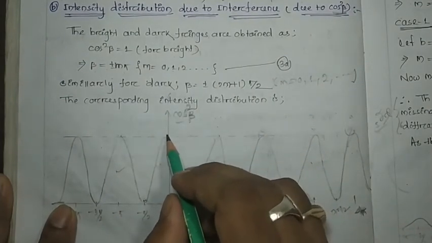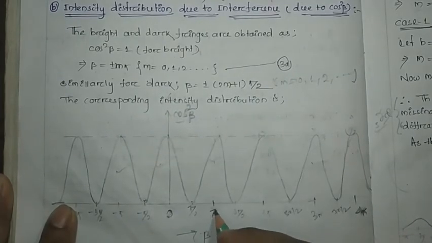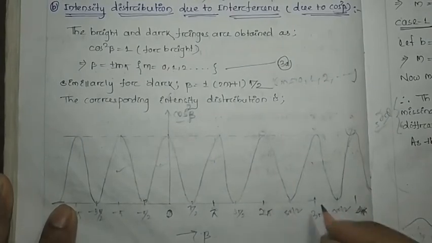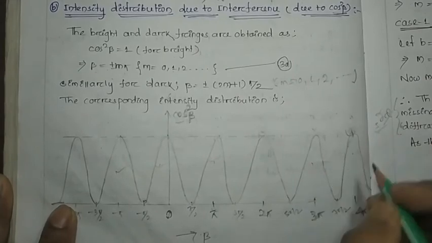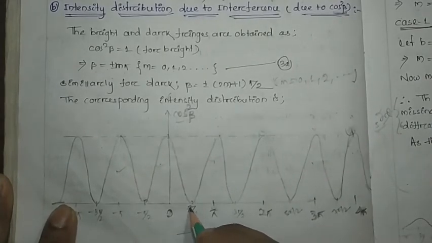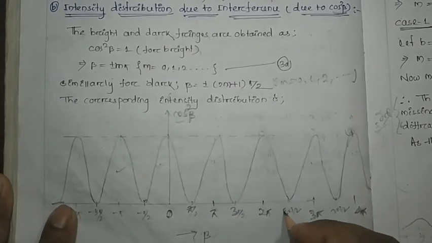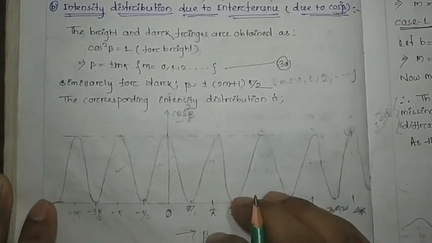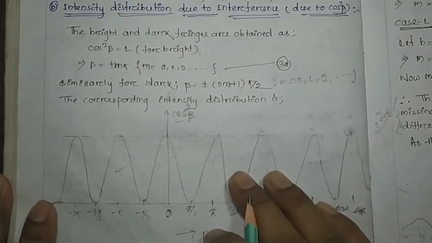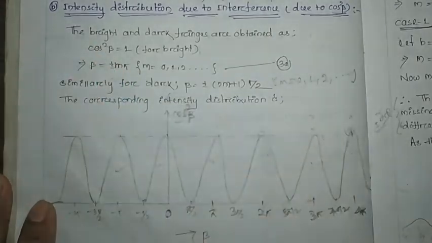The intensity value is cos square beta. Like that, at pi, 2 pi, 3 pi, 4 pi we get the maxima, and at pi by 2, 3 pi by 2, 5 pi by 2, 7 pi by 2 we get the minima if we consider the interference condition, that is cos square beta.